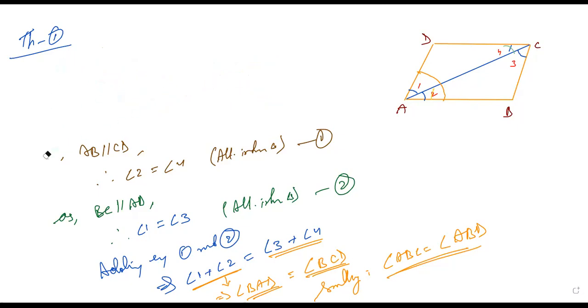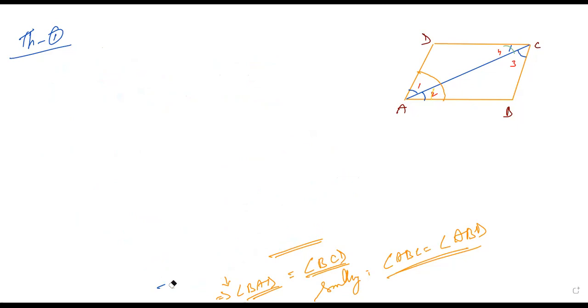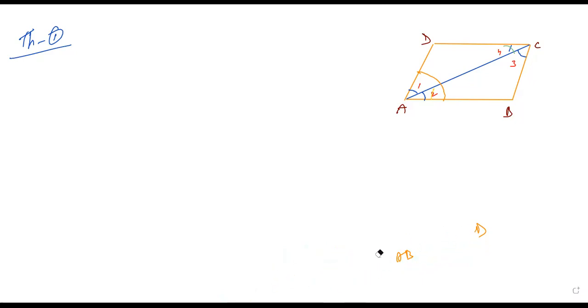The third theorem, the third condition which we need to understand, is that in a parallelogram, each diagonal bisects the parallelogram. When we have a parallelogram, there are two diagonals. For example, this is a parallelogram.